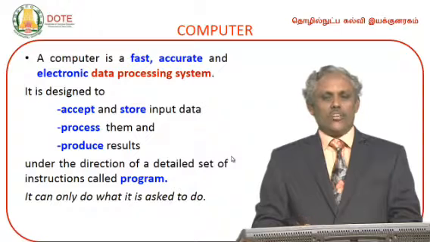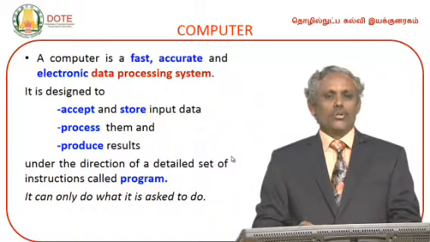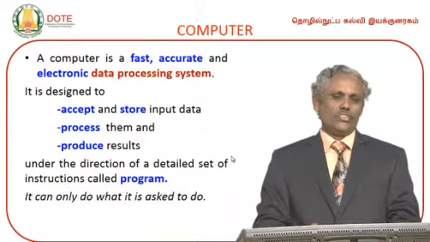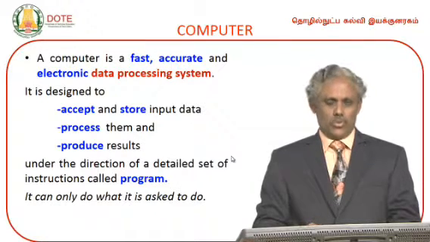It is designed to accept and store input data and process them and produce results. The process is controlled by the program. So, it produces the output under the direction of a detailed set of instructions called program. The computer can only do what it is asked to do.